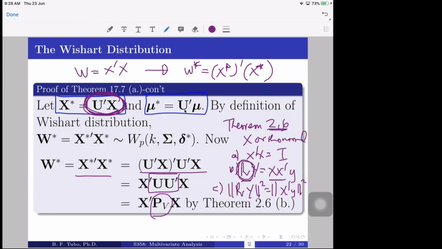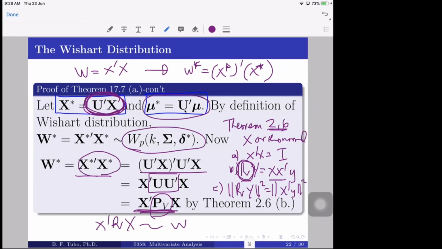So we see that X star is normally distributed and X prime X is actually X prime PB X. So what we have shown here is that X prime PB X is Wishart, K, sigma, and delta star. Now let's look at delta star. That will be mu star prime mu star.